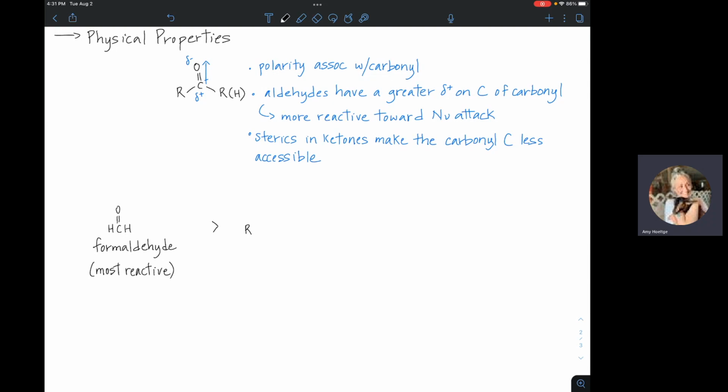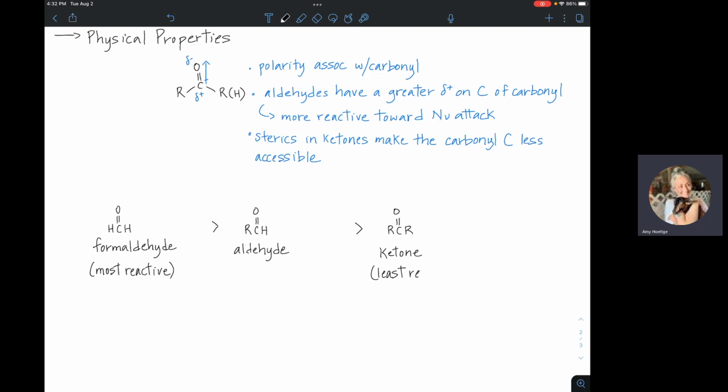Regular aldehyde over here. This is just R, where R is any alkyl or aryl group. And then a ketone, because the partial positive charge on the carbon is better supported through an inductive effect when we have an alkyl group attached instead of a hydrogen.